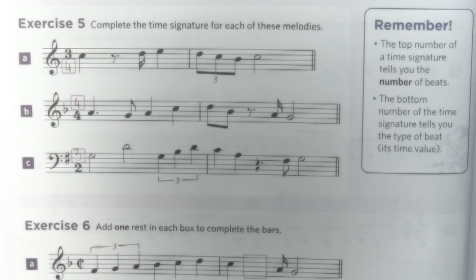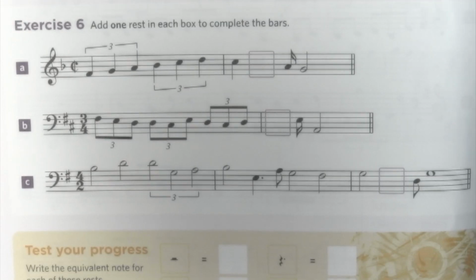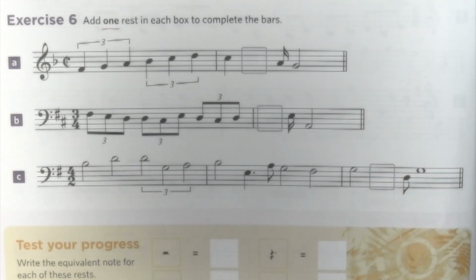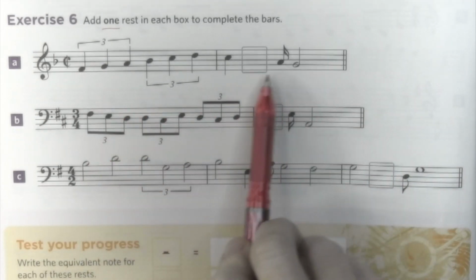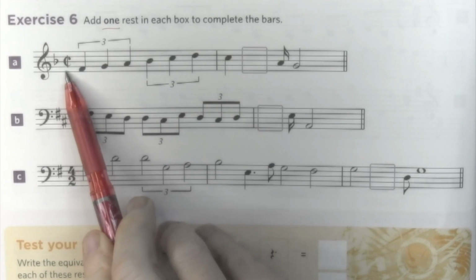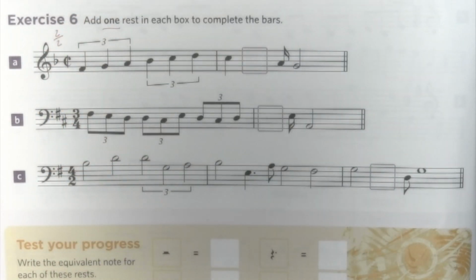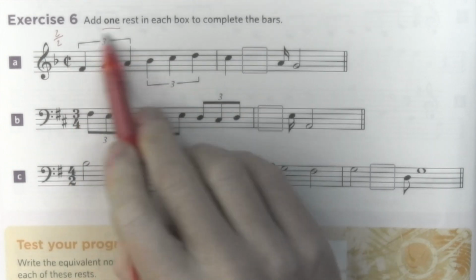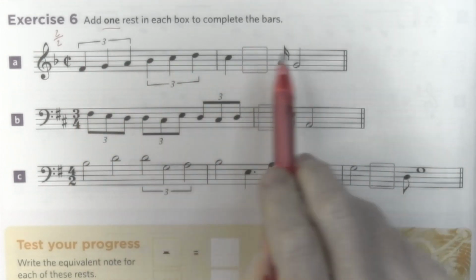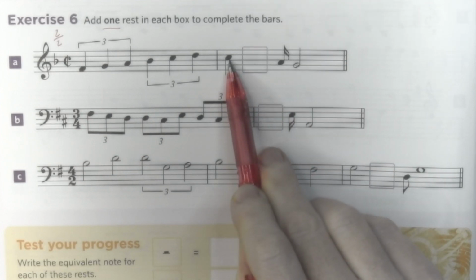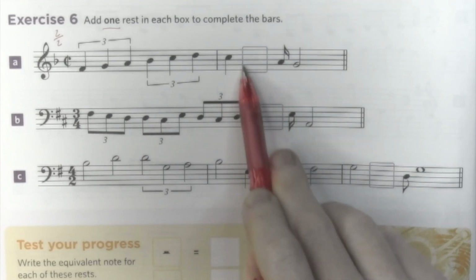Great. Now, exercise 6. Here we need to add 1 rest. This is important because sometimes we have space for 2. To add the bars. Okay, this is in 2 halves, which means 2 minims. 1 is here, 1 is here. 1 is here, and then here we have 1 crotchet, and we need to form another crotchet here.